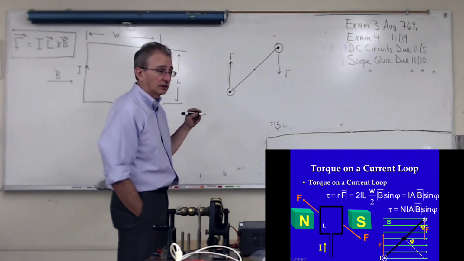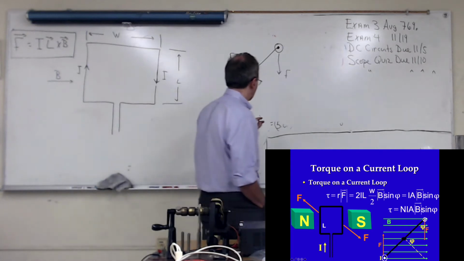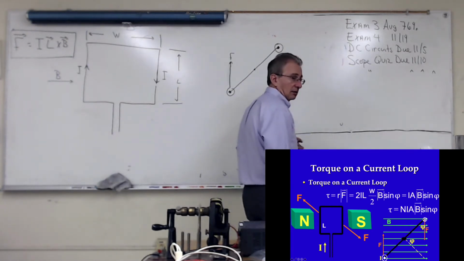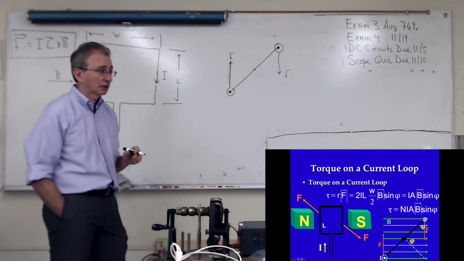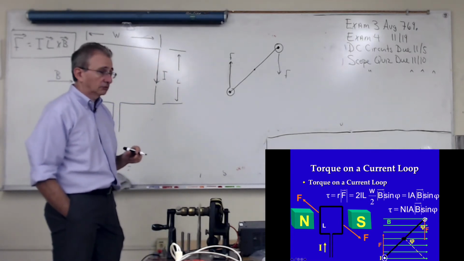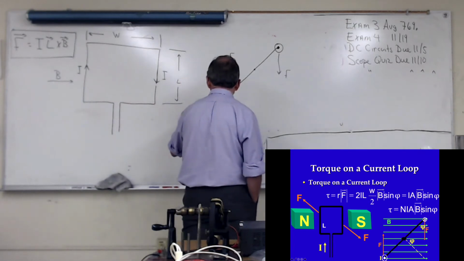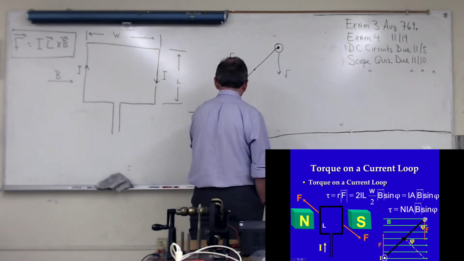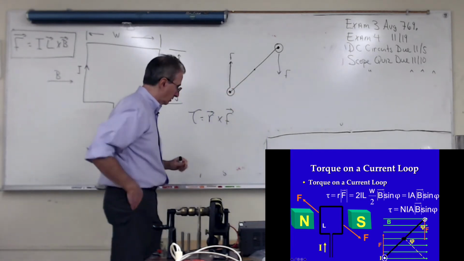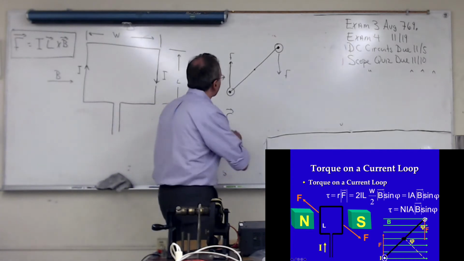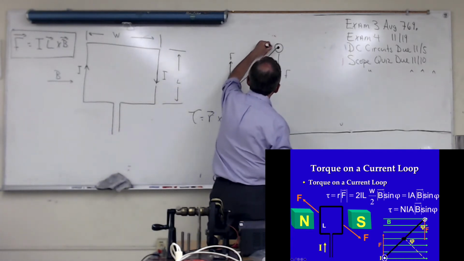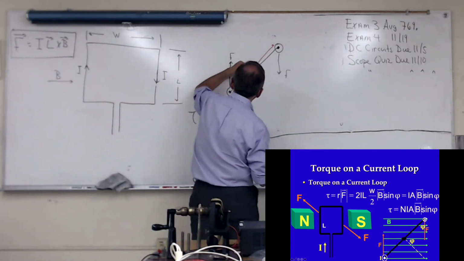The torque is just this. R is a vector that goes from here to here, or from the center to this point.